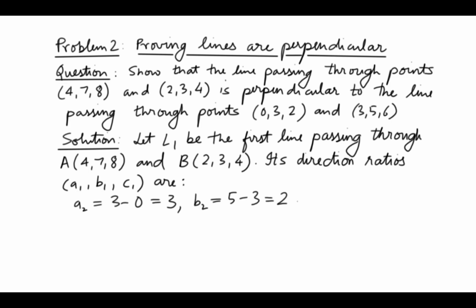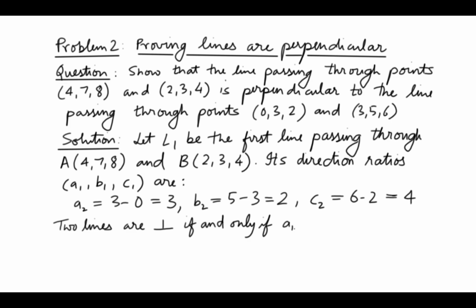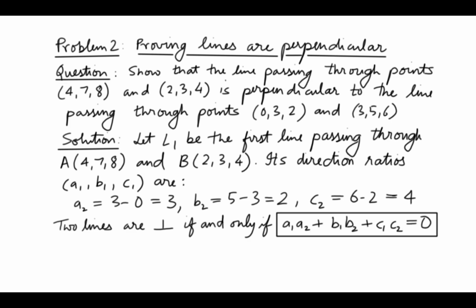Using points A and B, we calculate for line L1, and using points C and D, we calculate for line L2. There is a mistake on the screen. Actually, the a1, b1 and c1 is not written, but you can calculate it similarly, right?